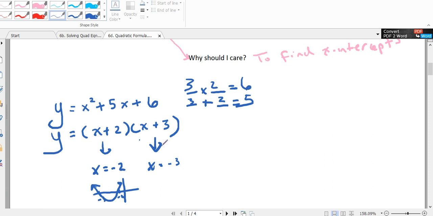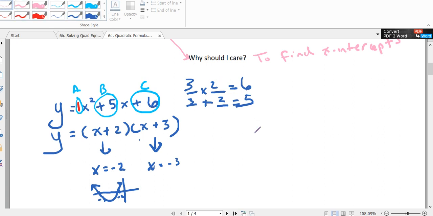So if I were to use the quadratic formula on this, would I get the same answer? I sure would, because my a value is 1, my b value is positive 5, and my c value is 6. So let's plug it in and see what happens.